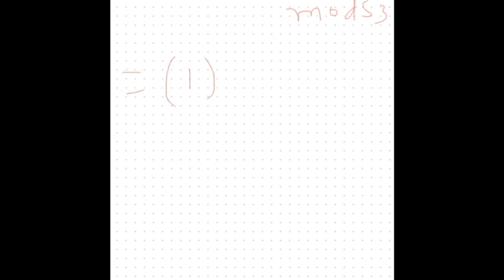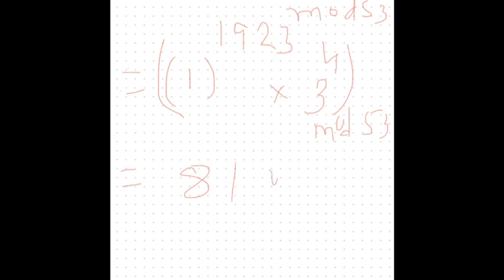So 1 raised to power 1923, which is obviously 1, into 3 raised to power 4, this whole over modulo 53. Alright, that means everything will be 1, only thing is 3 raised to power 4, that is 81. So 81 modulo 53, and that everybody knows is simply 28. So your answer to the question is 28.